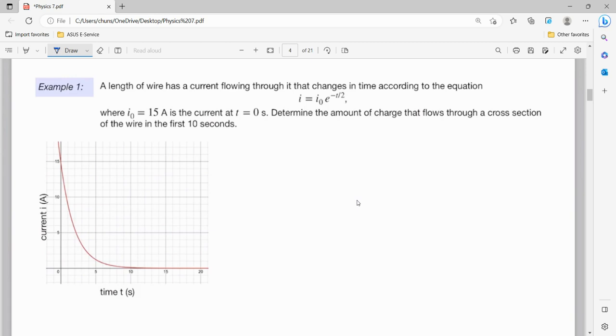So example 1 gives us a current and asks us to determine the amount of charge that flows through a cross-section in the first 10 seconds. Seeing charge should indicate to you that you are going to be using the integral function, with t2 at the top bound, t1 at the bottom, and I dt.